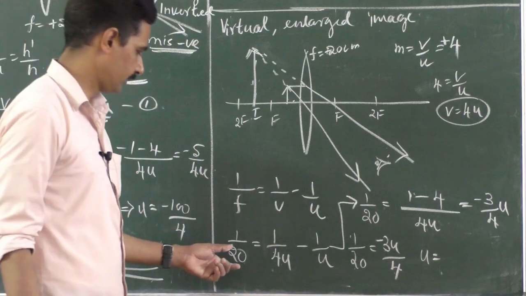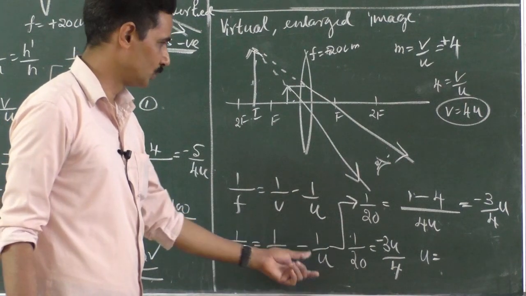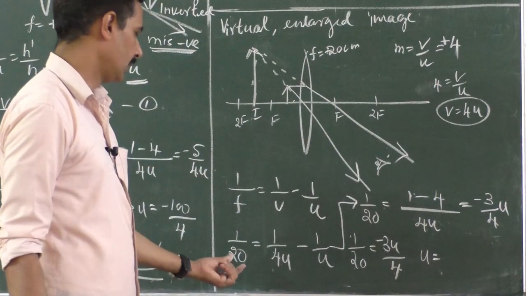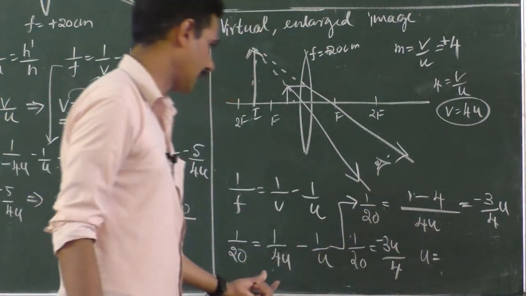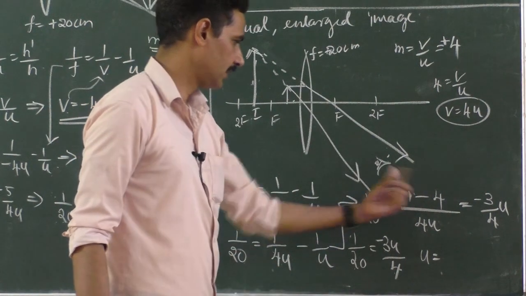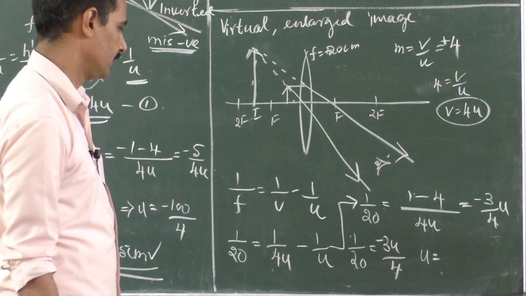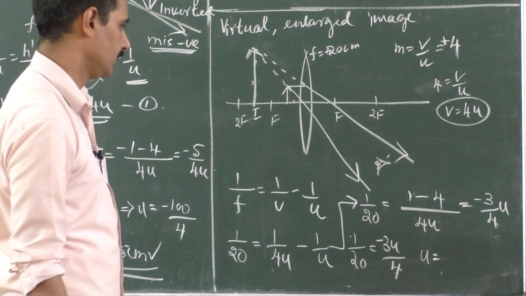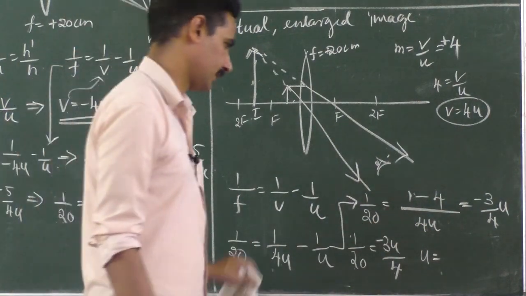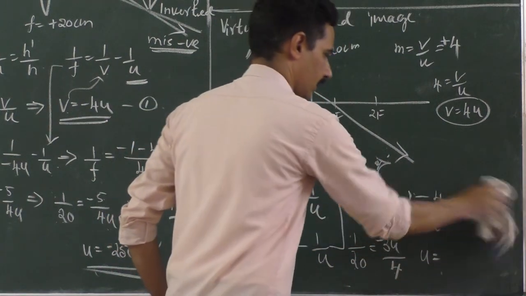1 by f is equal to 1 by 4u minus 1 by u, object distance, yes. Then 4u is common. 1 by 20 is equal to 1 minus 4 over 4u, that is minus 3 by 4u. Here, right, yes, it had gone wrong.